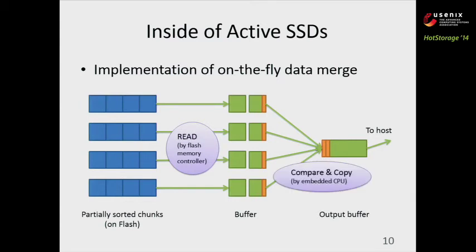The embedded CPU compares the keys and copies the winning record into the output buffer to transfer to the host. This cycle is executed until all of the partially sorted chunks are processed. Because the flash memory controller and the embedded CPU can execute concurrently, we can reduce the overhead of the merge function.